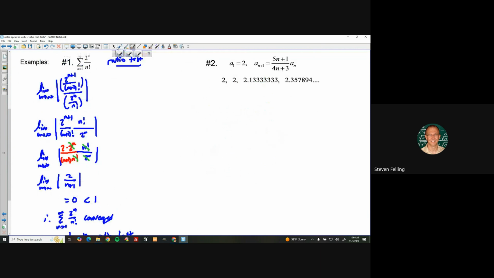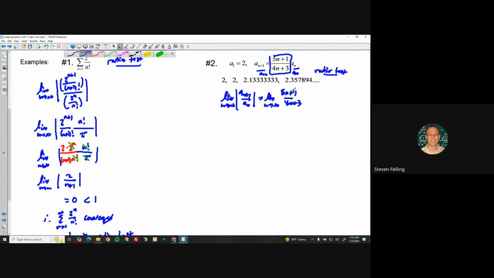Okay, if we're going to do the ratio test here, then we're going to have to take the limit as n approaches infinity of the n plus 1 term over the n term. But since this is written recursively, if I just divide both sides by a to the n, that is just this ratio. So we're taking the limit as n approaches infinity of 5n plus 1 over 4n plus 3.